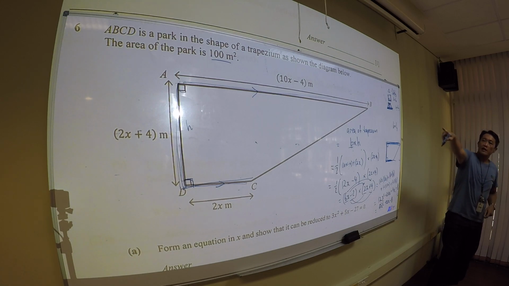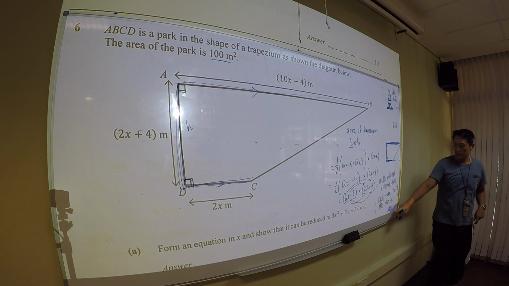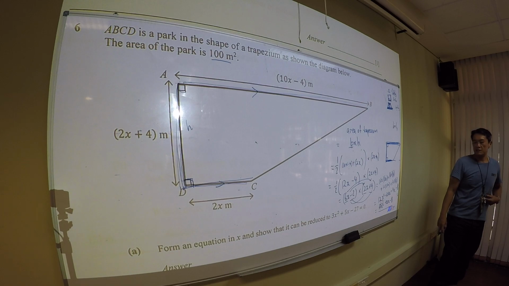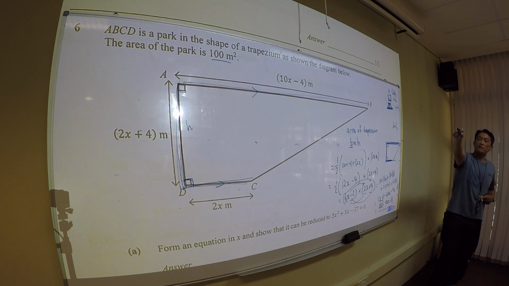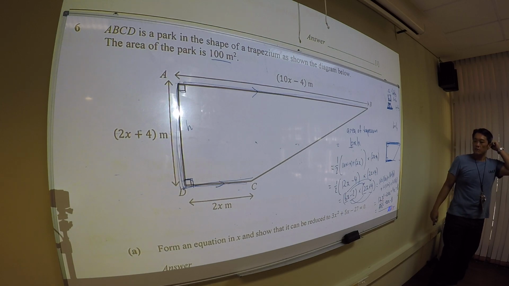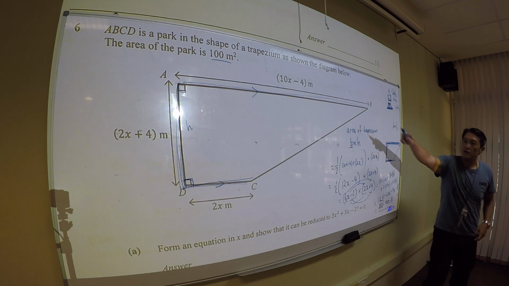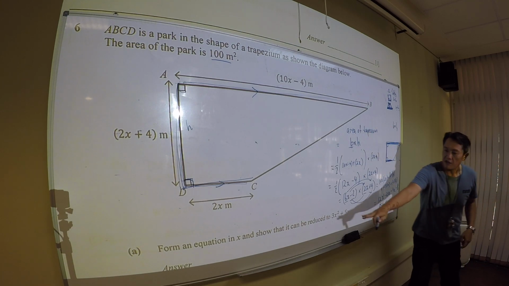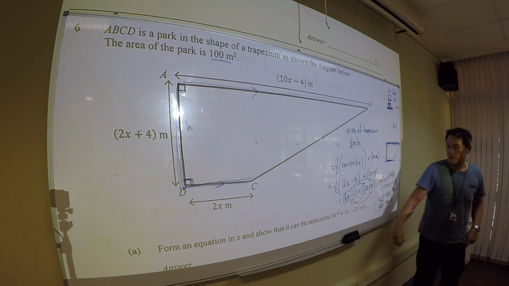So using the dimensions that I'm given, if I find the area of the trapezium, I find that it is 12x squared plus 20x minus 8. This is the area of this trapezium, if I just use the dimensions to find. Then they ask me to form an equation.